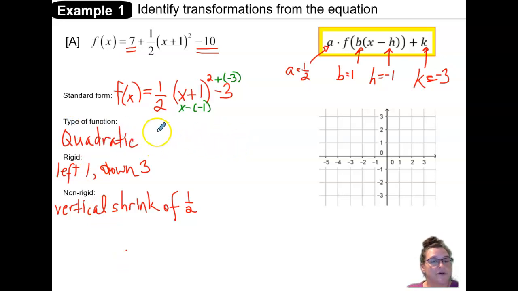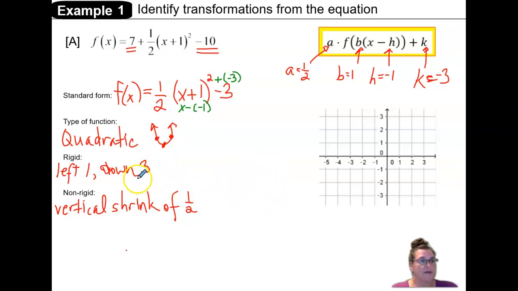And if you don't recall what the parent graph of a quadratic function looks like, it is a parabola, which is a U-shaped graph. And that parabola goes through the anchor points 0, 0, 1, 1, and negative 1, positive 1. Those are the anchor points from our parent graph's notes.